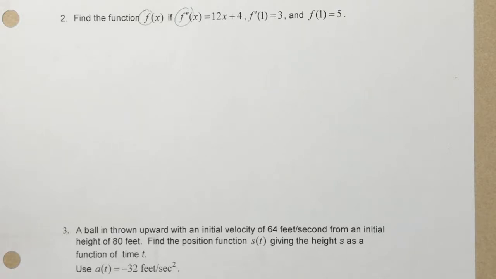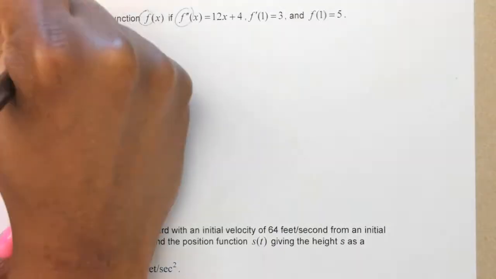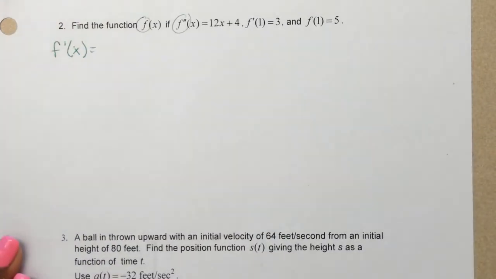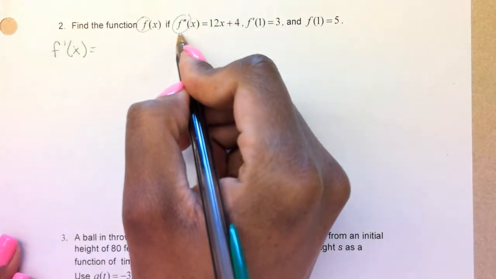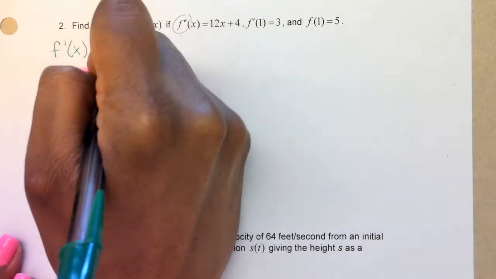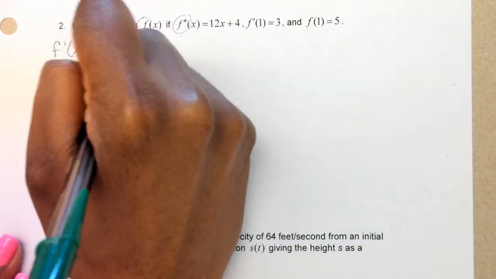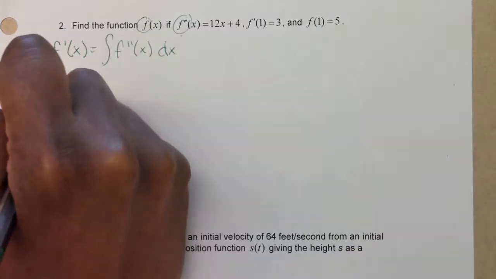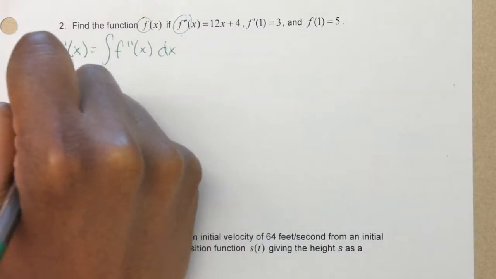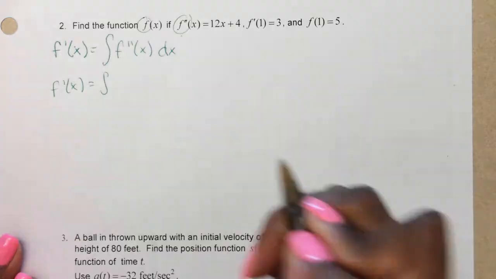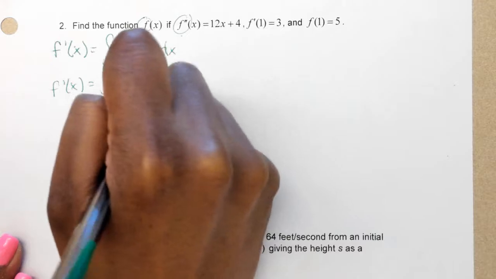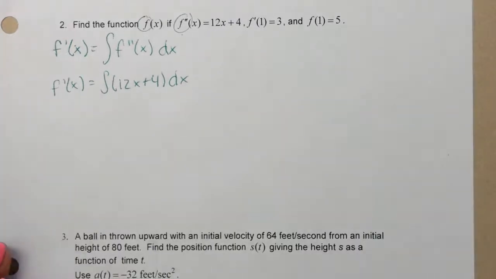Okay, so first thing we want to find is what is f prime of x, right? So f prime of x would be undoing f double prime. So we want to take the integral of f double prime of x dx. So f prime of x is equal to the integral of 12x plus 4 dx.